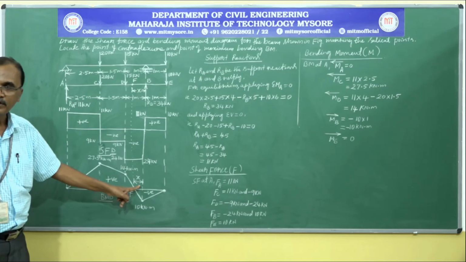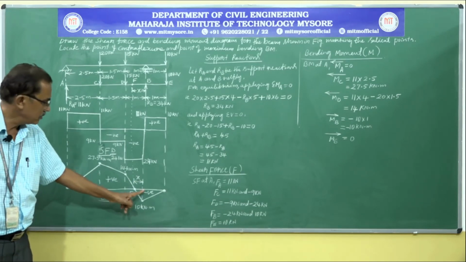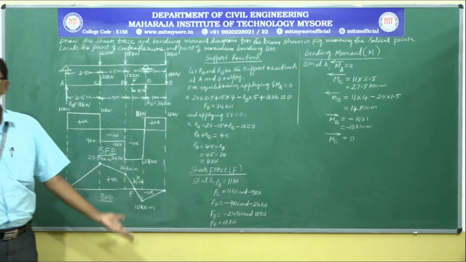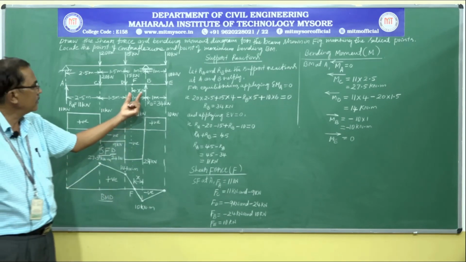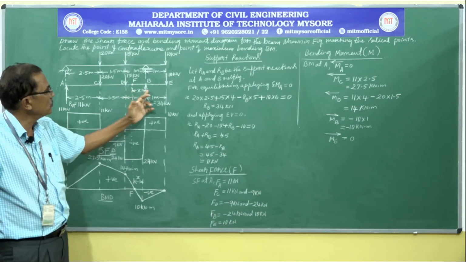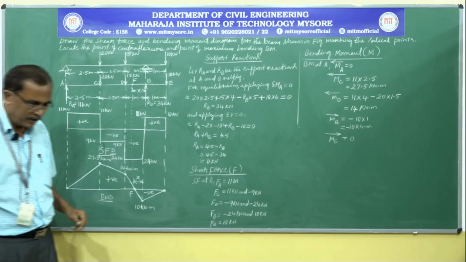Location of point of contraflexure is nothing but locating the distance from the nearby support or from the end point, whichever is convenient to us. Generally we select the point very close to that point of contraflexure in order to avoid laborious calculation.